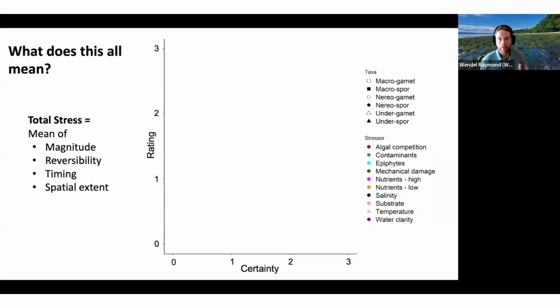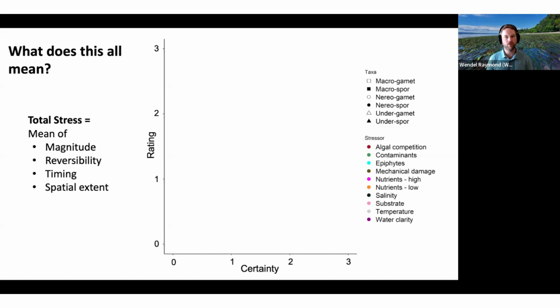So next slide. Okay, so as you can imagine, a 720 cell data set is really data rich, and there's a lot of different ways to dive into the data, which in our report and a forthcoming manuscript will be available for anyone to look into whatever stressor or taxa or life stage you're really interested in.